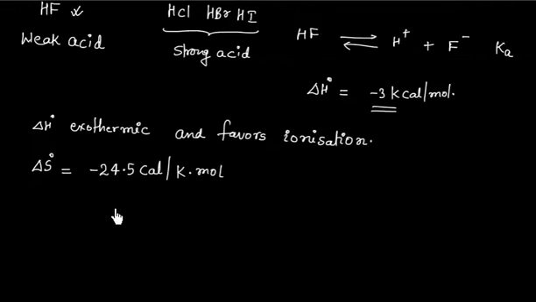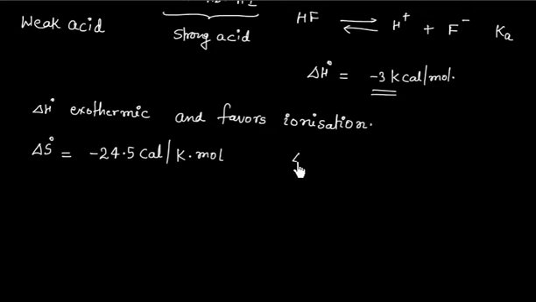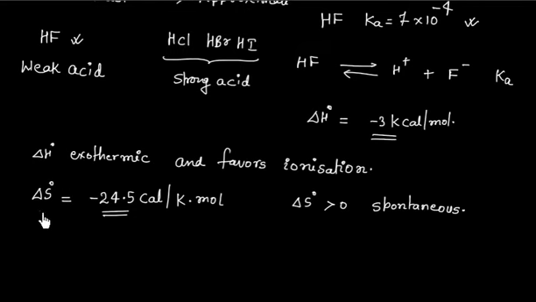Now see, this delta S degree is negative. If you remember the second law of thermodynamics, we said if delta S degree is greater than 0, the process is spontaneous. But here delta S is not positive, it is negative. This means that by the entropy factor, the ionization process is disfavored.